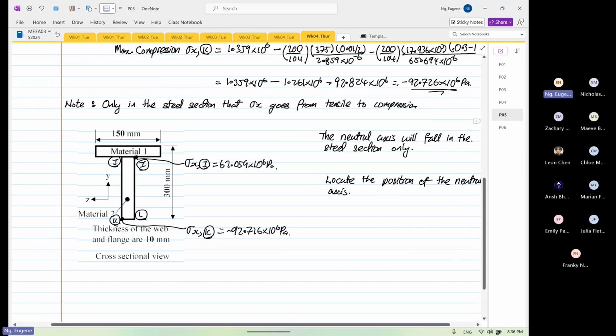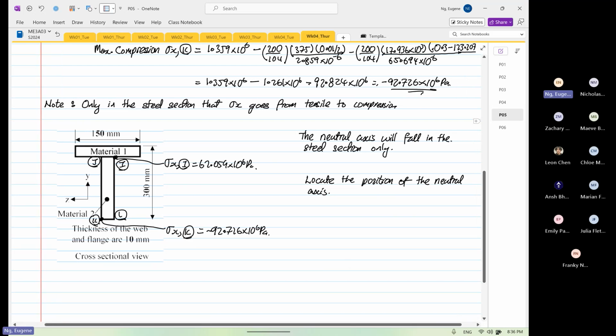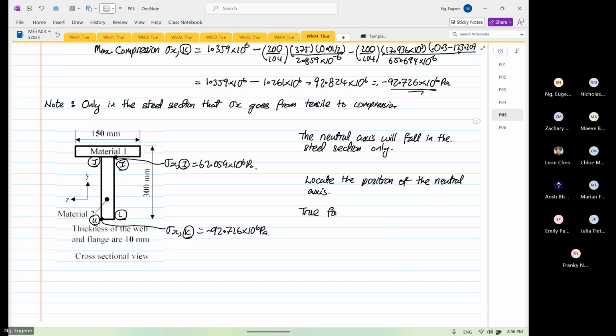So if we look at the true form of the equation, true form means the positive in which direction. That's where we have to be careful. So now this is the true form.